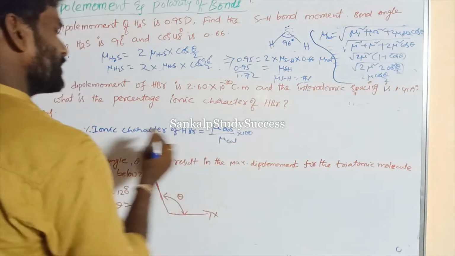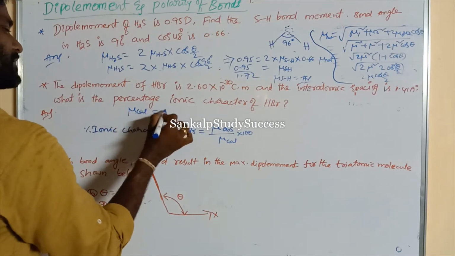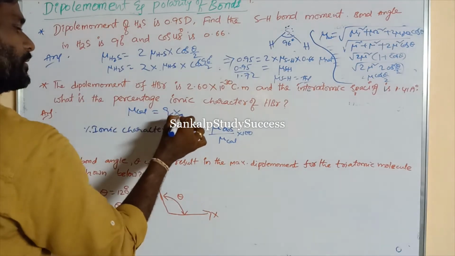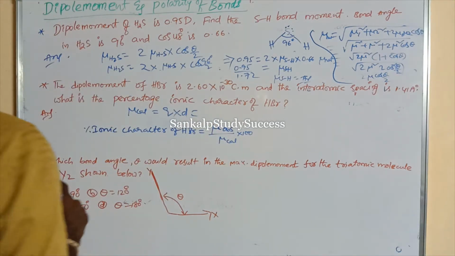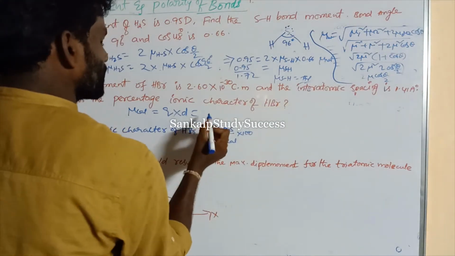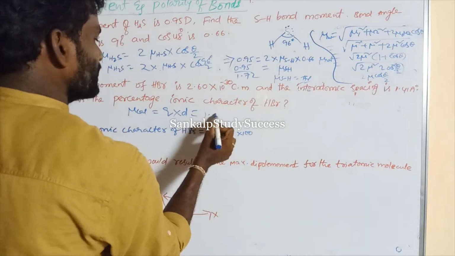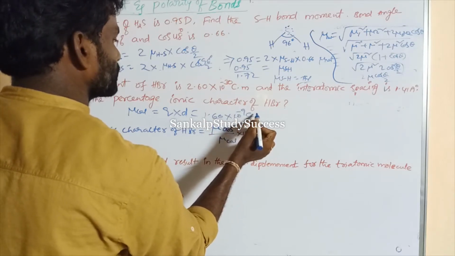Now mu calculated is equal to Q into D. Here the charge is not given, so the charge of electron is taken, 1.60 into 10 to the power of minus 19 coulombs.